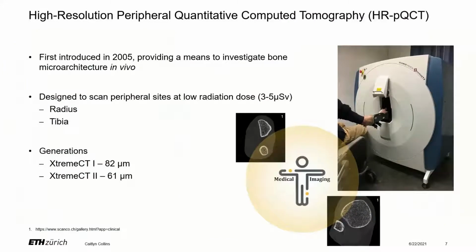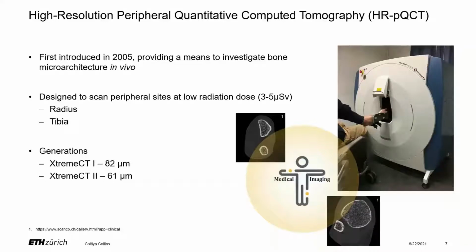So how do we get there? High-resolution peripheral quantitative computed tomography was introduced in 2005, and this is really our best option for tracking in vivo changes in structure at peripheral sites. It was designed to allow us to take images of the radius and tibia in patients at a high enough resolution that we can measure the microstructure.